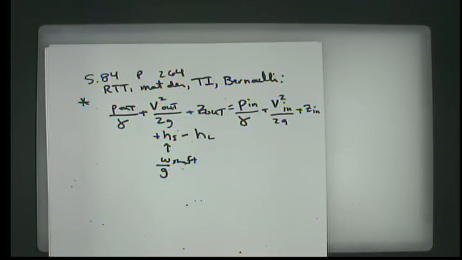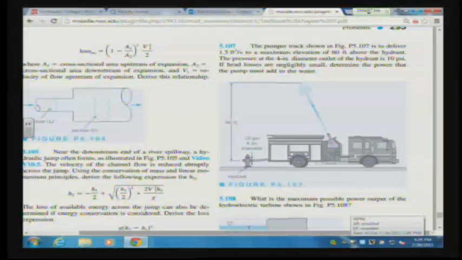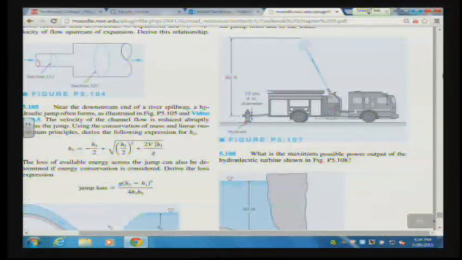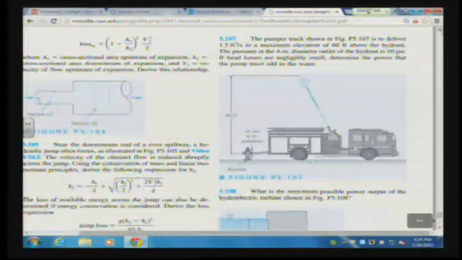Very, very useful. So the problem that I would like to look at in terms of applying this and also looking at those dimensions a little bit is problem 5107 in your textbook. And 5107 is here on page 293. I also like this because since we're talking about energy in terms of feet, what are we getting at?